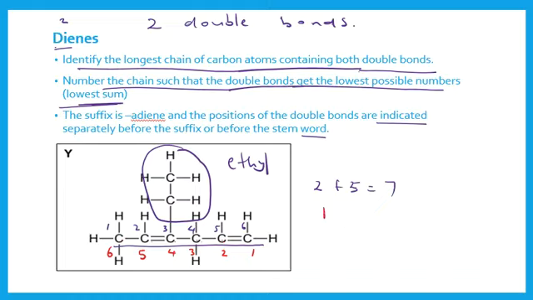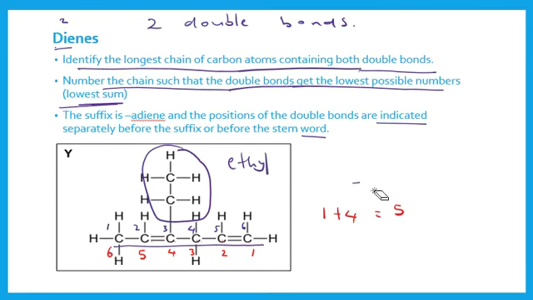First carbon, we encounter a double bond, right? We also encounter a double bond on carbon number 4. So if we add, the sum is 5. So we can see now that the numbers are smaller if we look at the red numbering. So the correct numbering is from right to left, the red numbering.